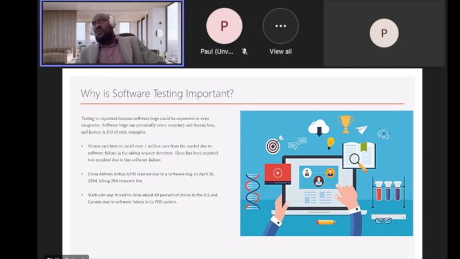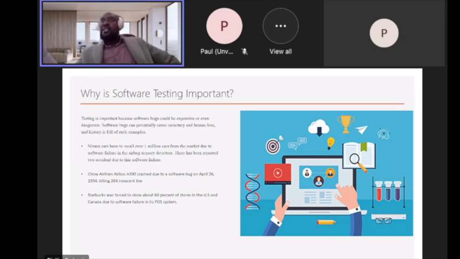One of the key things I also want to share is why software testing is important. We've seen the roles, and why do you think software testing is important? I wanted to share why testing has become very important in software application development. Mostly software has issues, and testers come in to make sure that bugs do not go into production.